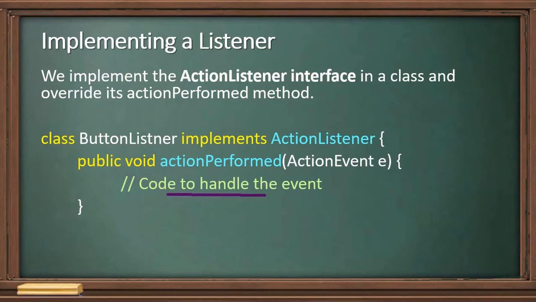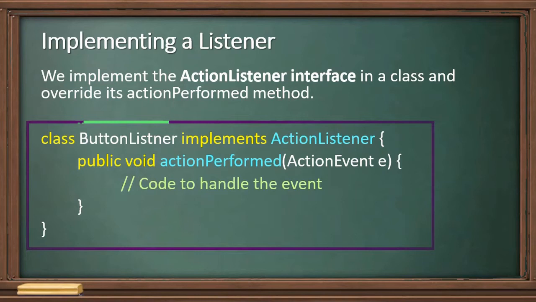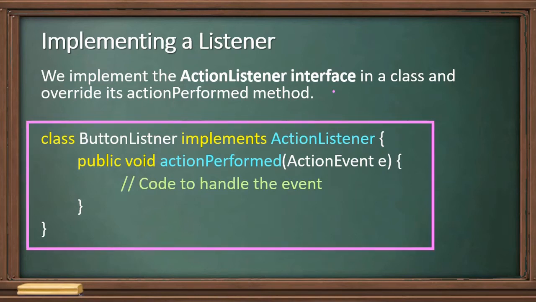Within this method, you have to write the appropriate code that will be used to handle the action event that gets generated when the button is clicked. Once you do this, you will have created an ActionListener.